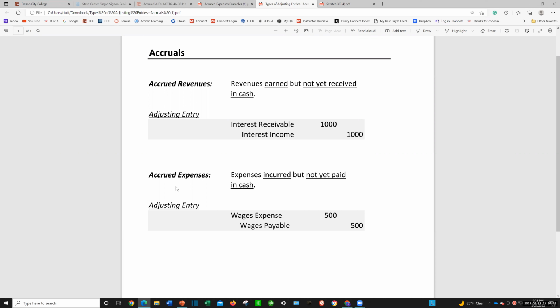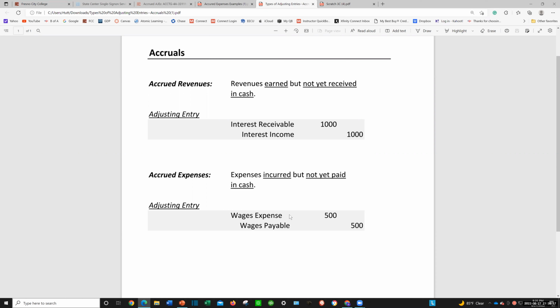Under accrued expenses, those are expenses incurred, which means they happened, but you haven't paid them yet, right? You didn't pay cash. So a typical accrued expense that you incur, but you haven't paid yet, would be wages. Okay, so let's say that a few days at the end of the month, your employee works for you, so you incurred the wage expense, but you're not going to pay them until the next month.